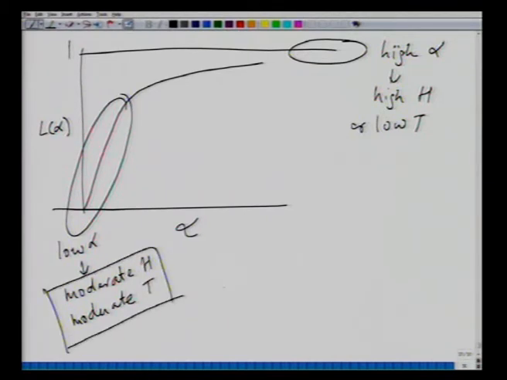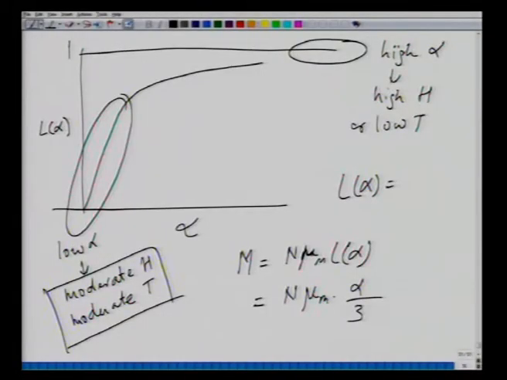As a result, this M, which is given as n mu m L alpha, takes a value of n mu m alpha by 3 at these lower values, for all practical fields and at low enough temperature. So this L alpha becomes equal to alpha by 3 under these conditions.